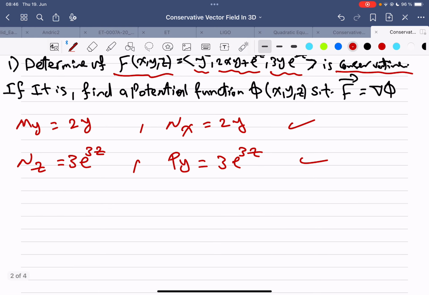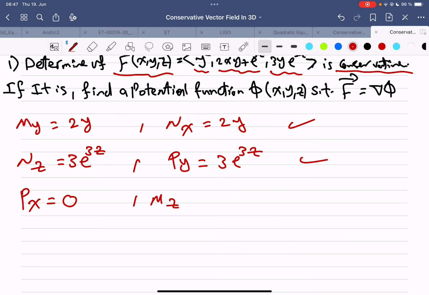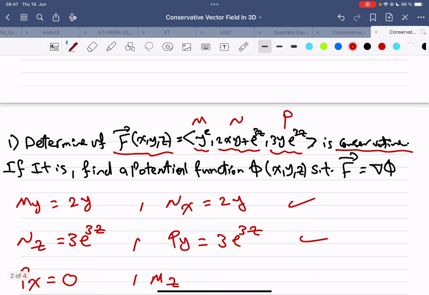Last condition, Px equal Mz. What is Px? Differentiate this with respect to x will be 0. Differentiate M with respect to z will be 0.